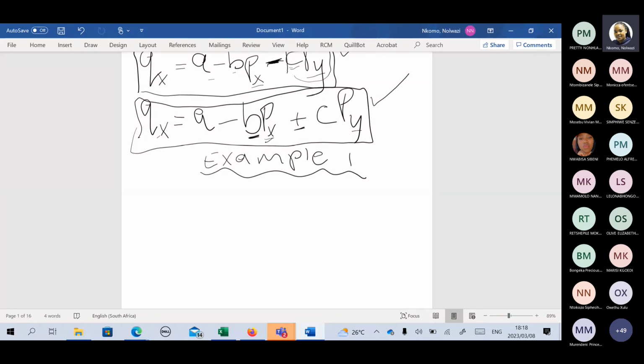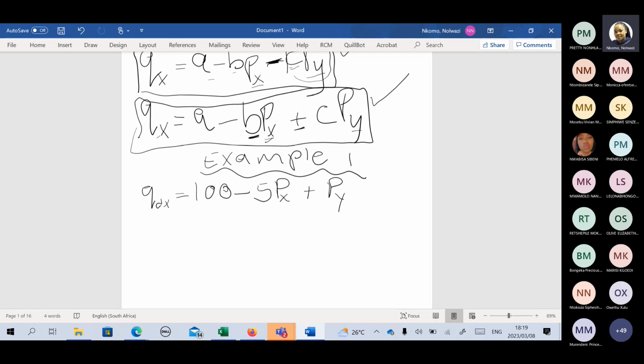Okay, suppose the question is like this. We are asked to determine the equilibrium prices and quantity for good X and Y. Given that the demand and supply function for good X, where Y is the substitute, is given as: the demand for good X is equal to 100 minus 5px plus py, right?